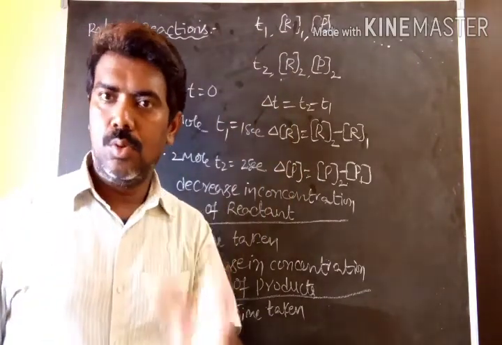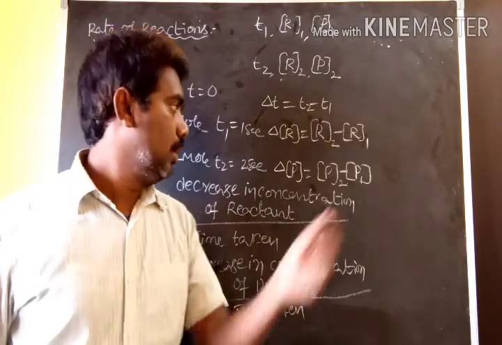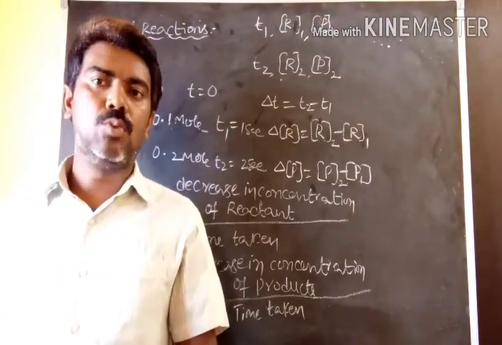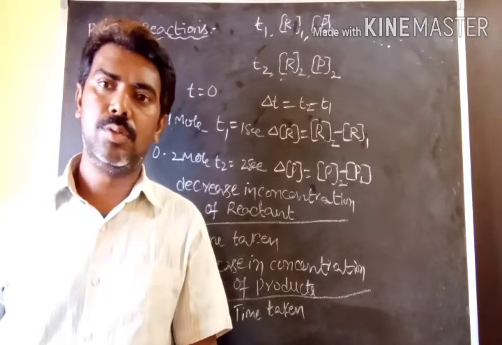Why are the reactants and products represented in square brackets? Whenever any value is placed in square brackets, especially concentration values, they are molar concentrations.